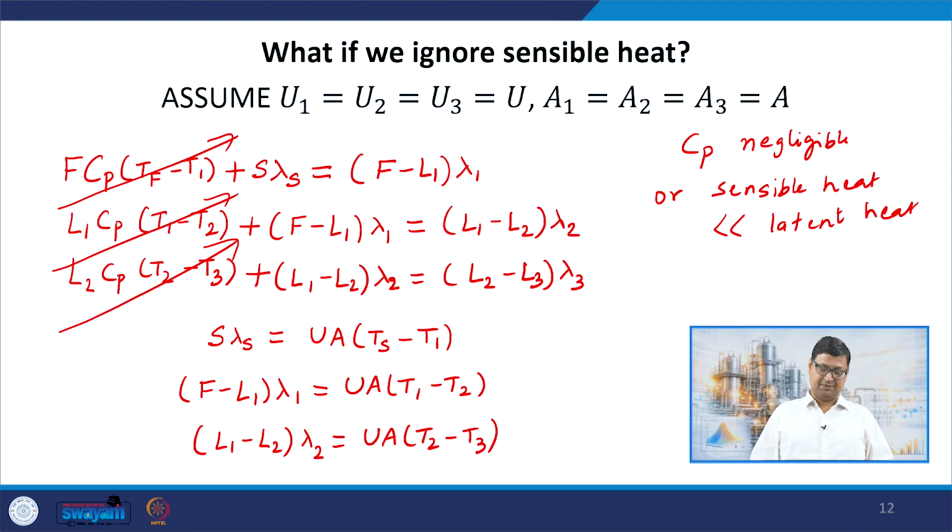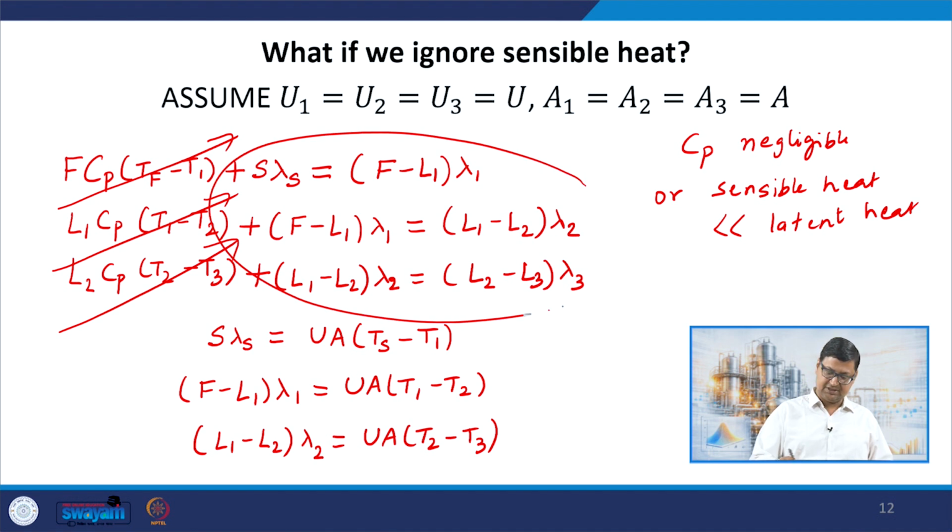multiple effect evaporator. But before we do that, let us see one thing here, that now the first three equations can actually be combined together. So, this is equal to this, which is also equal to this, and which is also equal to this, right, because the same term appears again.